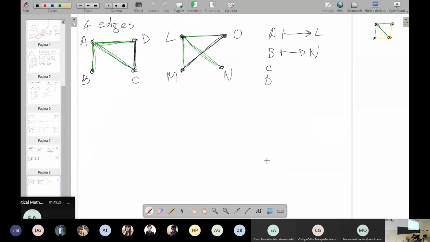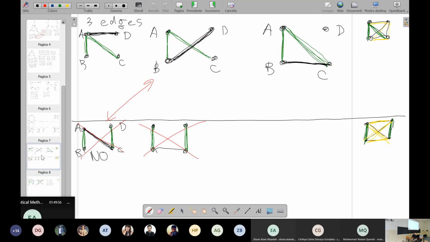And so we can send C to N, D to O, or conversely, C to O and D to N. That's another possibility. So this is no new graph up to isomorphisms. Let's see whether we can get something out of the other two. Okay, we had this.